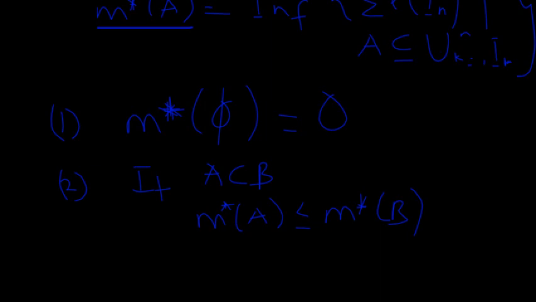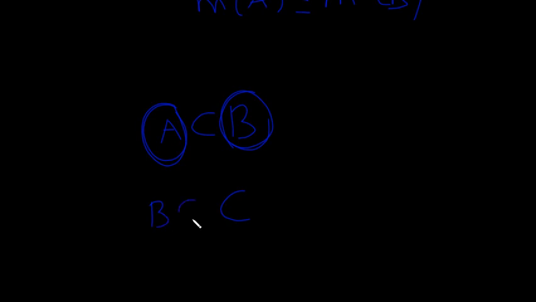If I have a set A, and this is covered by B, we know that B covers A, hence the outer measure of B should be greater than or equal to the outer measure of A. In the same way, if B is contained in D, since the outer measure of B is greater than or equal to that of A, the outer measure of D should also be greater than or equal to that of A. That's what we mean by the outer measure being monotonic.